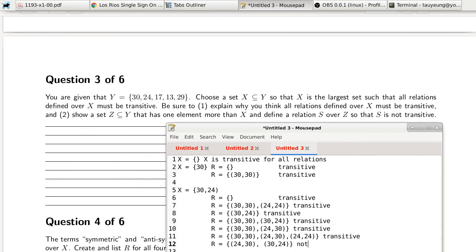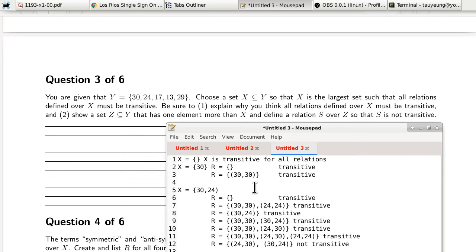This is not transitive because in this case aRb, with a being 24 and b being 30, satisfies this requirement, and then b being 30 and c being 24 again meets this requirement. So now the left-hand side of the implication is true, but (24, 24) is not in the set, so that makes it not transitive.